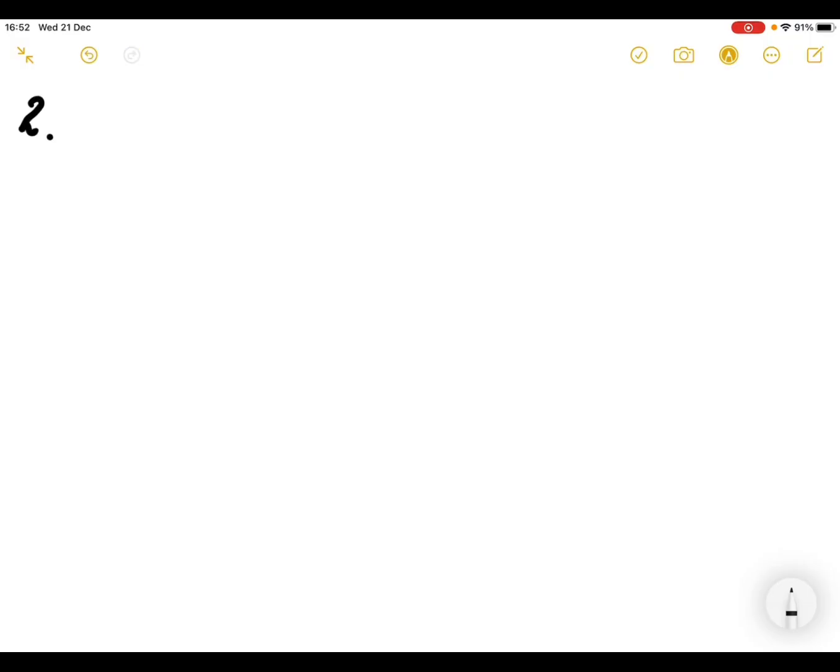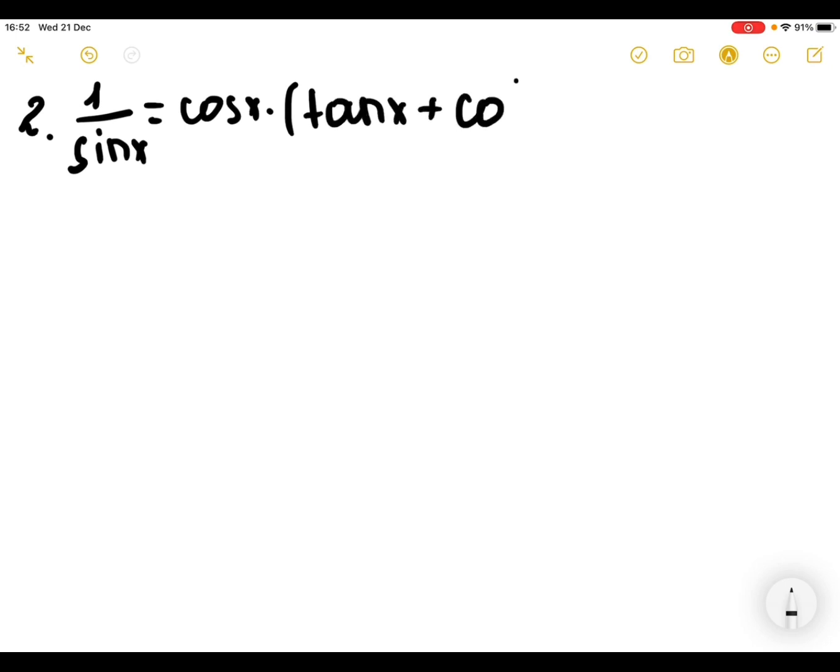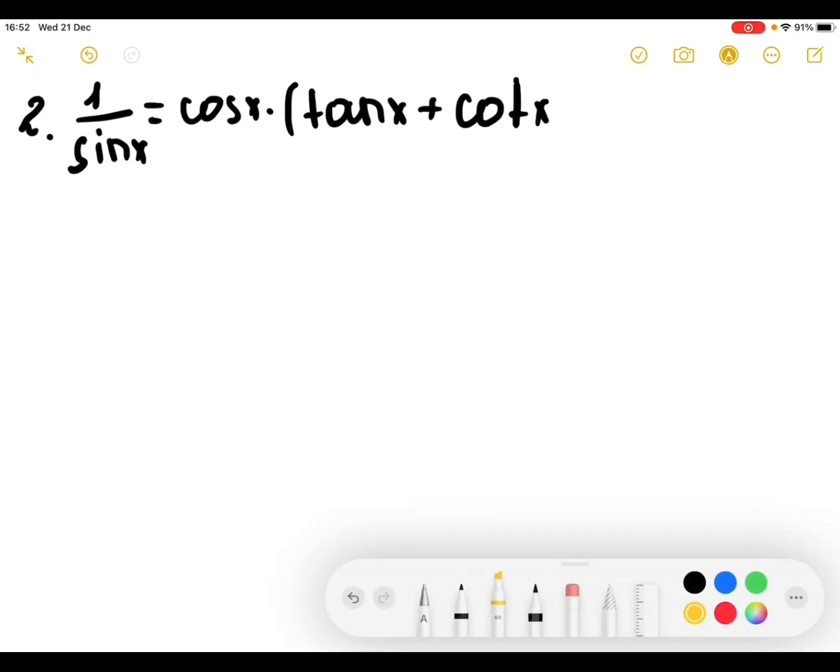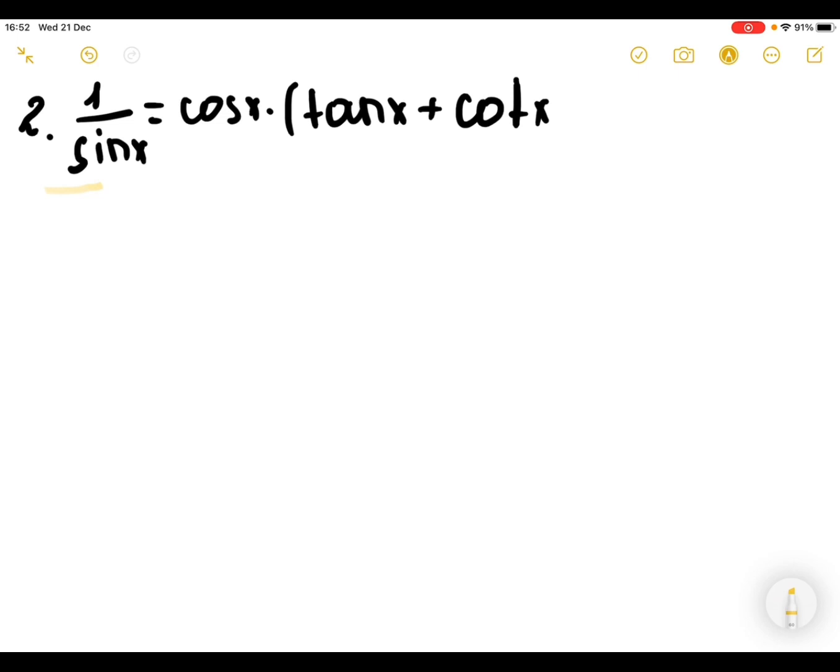So guys, in our next example: 1 divided by sine x equals cosine x multiplied by tangent x plus cotangent x. Since the right-hand side is more complex than the left-hand side, let us try to transform the right-hand side into the left-hand side.